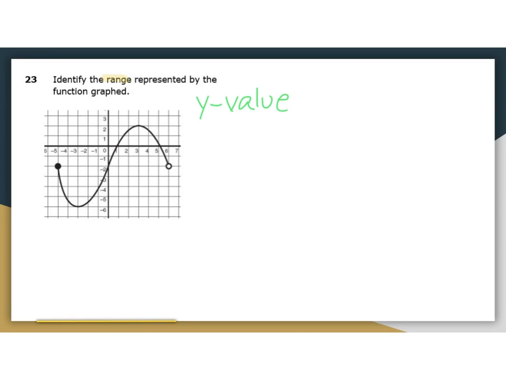So regardless of how your graph looks, when you're finding the y values, you're going to go from the bottom to the top, because that's how the y-axis goes. And once again, it's the y values, so we're looking at y. It is a continuous graph, so we're going to have the inequalities before and after. On the left side, we're going to be looking for the lowest value, and the right side is going to be the highest value. So this will be our lowest, and over here is our highest.